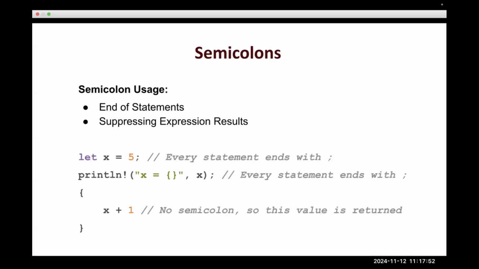We'll see in the implementations of those functions, you can just get rid of the semicolon in the last statement of your function, and the result after you evaluate that expression will be used as the return value for the function. So that's when you don't need this semicolon, but in all the other cases, you need to use a semicolon as an indication of the end of the statement.